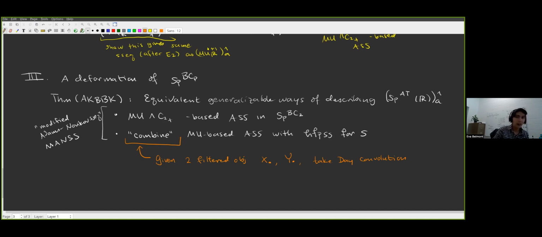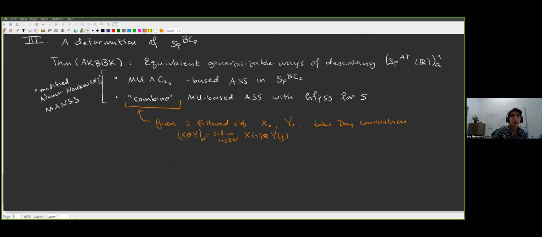This has a nice formula. So if I want to do this at the W spot, this is the colimit over x of i tensor y of j. So there's a well-behaved way to combine two filtrations or two spectral sequences.